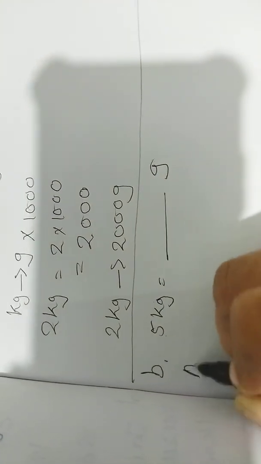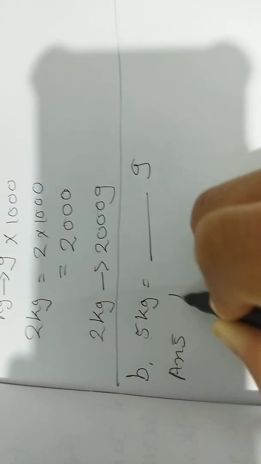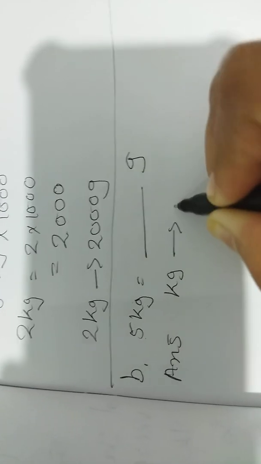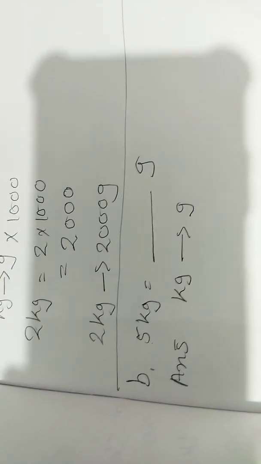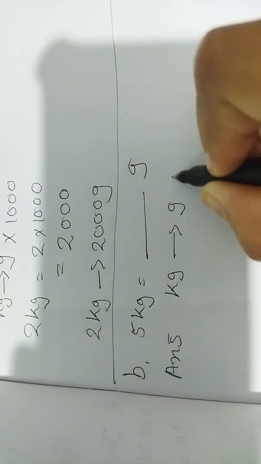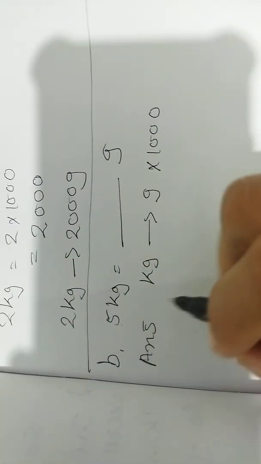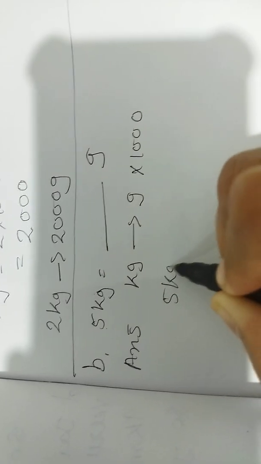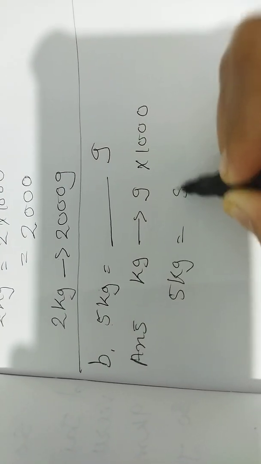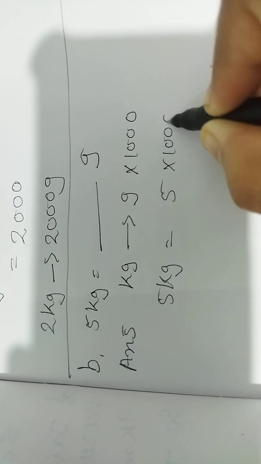We have to convert kg into grams, so we have to multiply by 1000. Now 5 kg is equal to 5 into 1000.